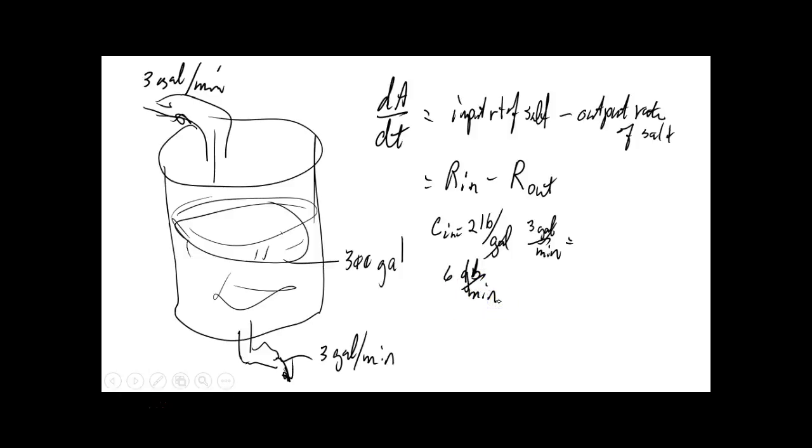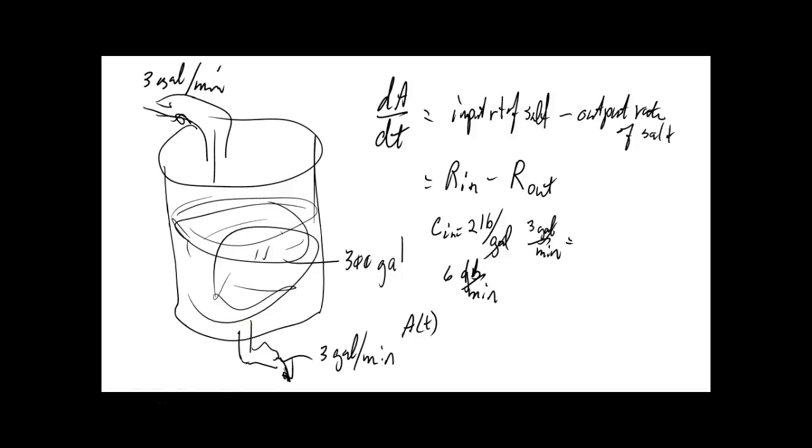Okay? Now, the rate out. They don't make this easy. At any time t, and they don't have this written anywhere else, you have A of t, the amount of salt in those 300 gallons. You don't know how much it is.